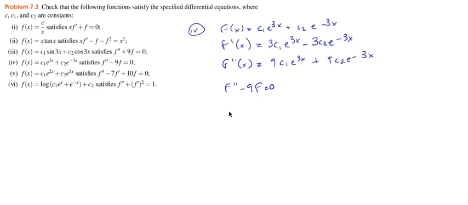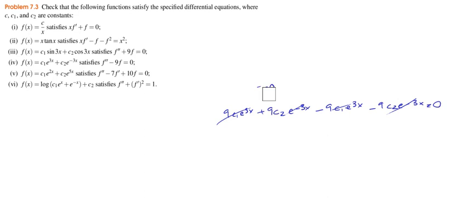You see how this goes, right? 9c1 e to the 3x plus 9c2 e to the minus 3x minus 9c1 e to the 3x minus 9c2 e to the minus 3x equals 0, because this cancels out and this cancels out. So this checks.